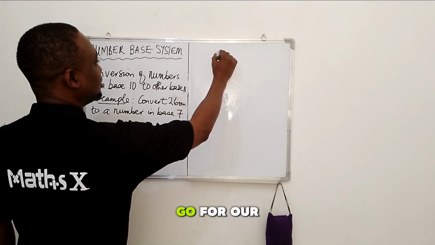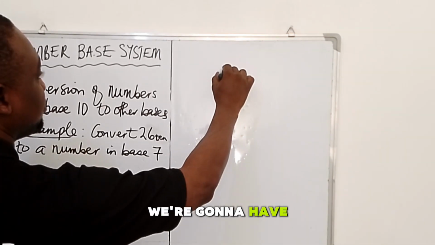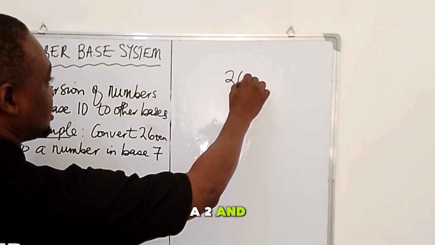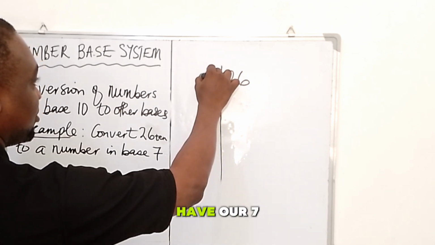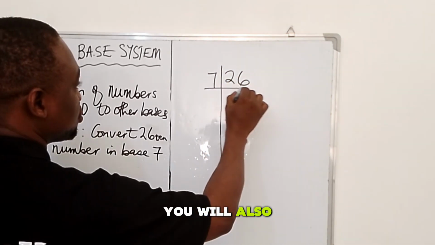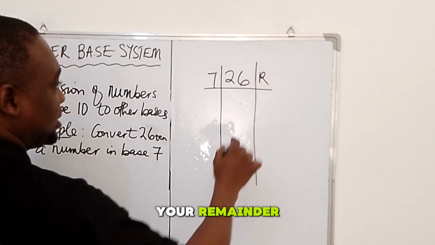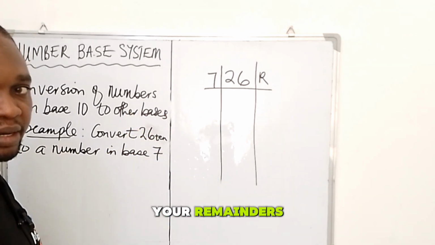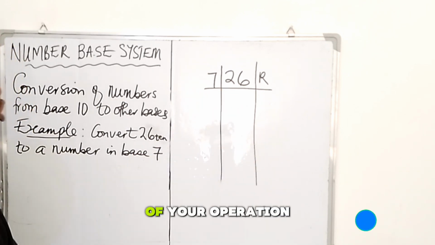So here we go. For our continuous division method, we're going to have a 2 and 6, that's 26. You rule a line, and we have our 7 as your divisor. You will also observe another line here where you place your remainders, because these remainders will be of good value to you at the end of your operation.